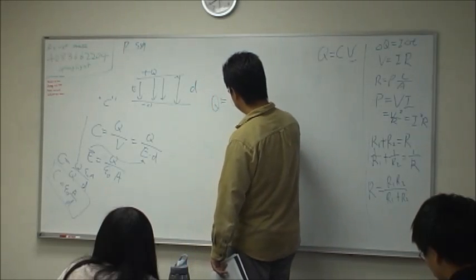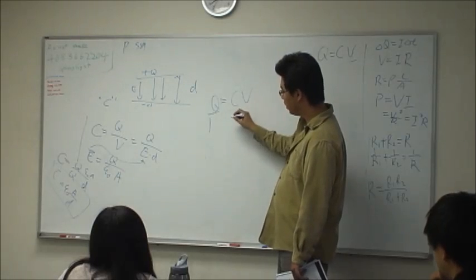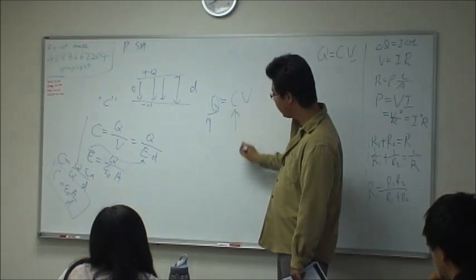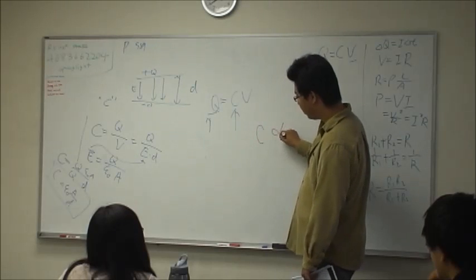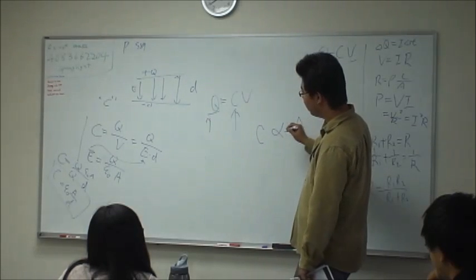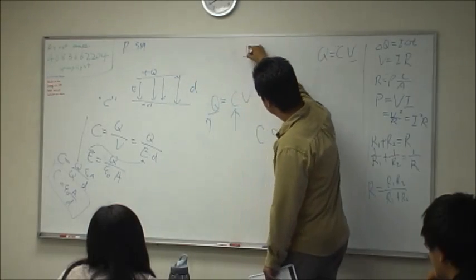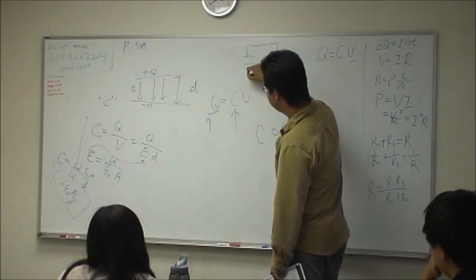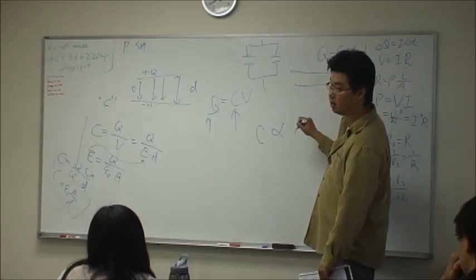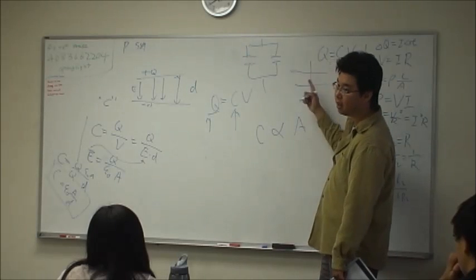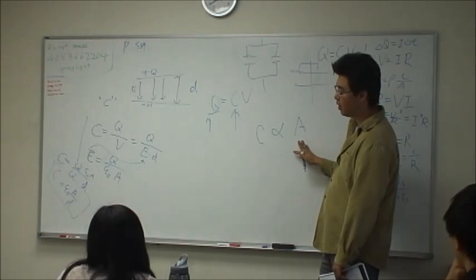Q is equal to C times V. In order to have more charge at the same voltage, what we need is a higher capacitance. The capacitance is proportional to the area, which means we just have a bigger capacitor, or we can put two capacitors in parallel. Even if it's one capacitor, you can think of it as a parallel of two. You can just cut it in half.